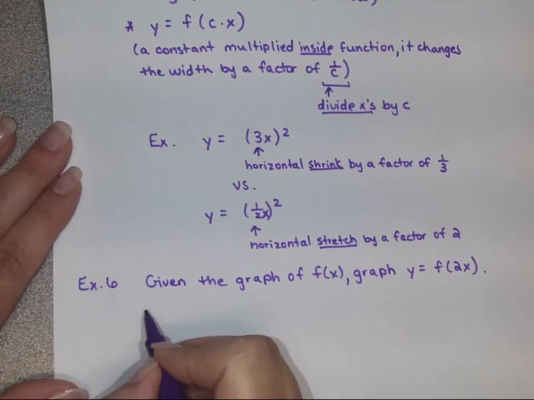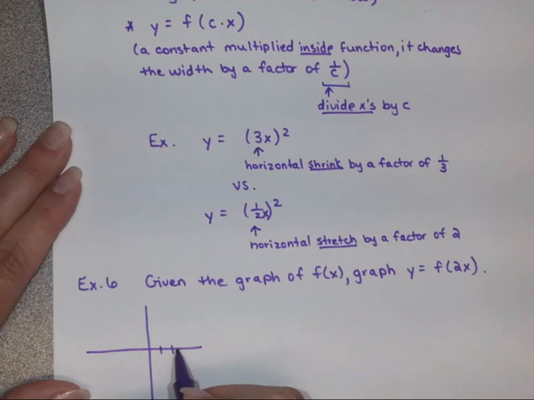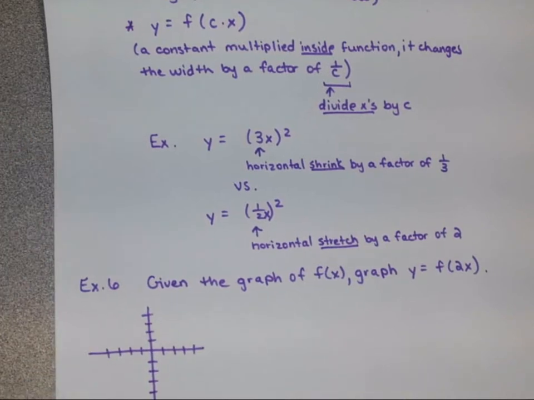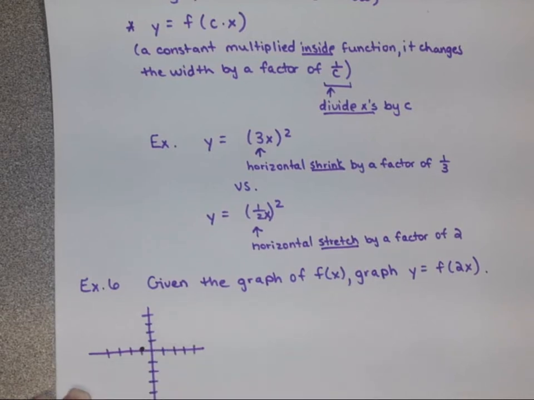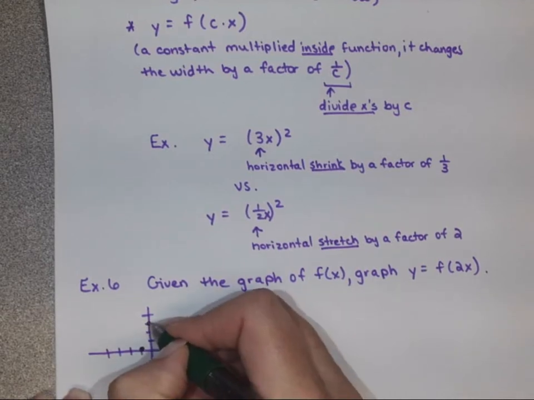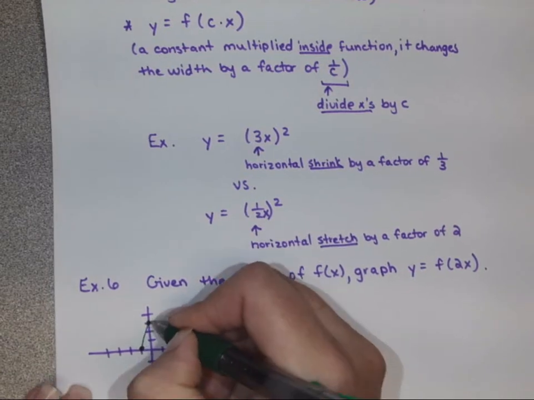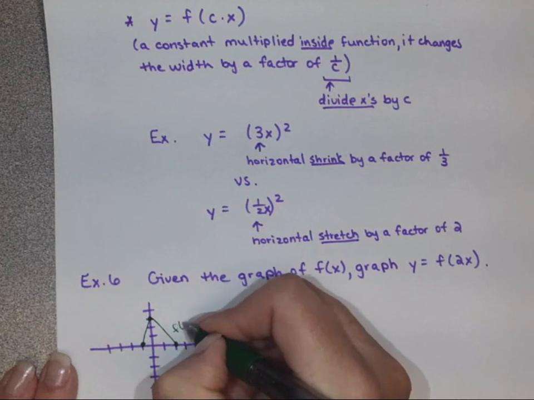Before we talk about what that 2 is going to do, let's all graph what I want the original to look like. Let's graph (-1, 0), (0, 3), and then (2, 0). So just another lopsided triangle. And let's call this f(x).